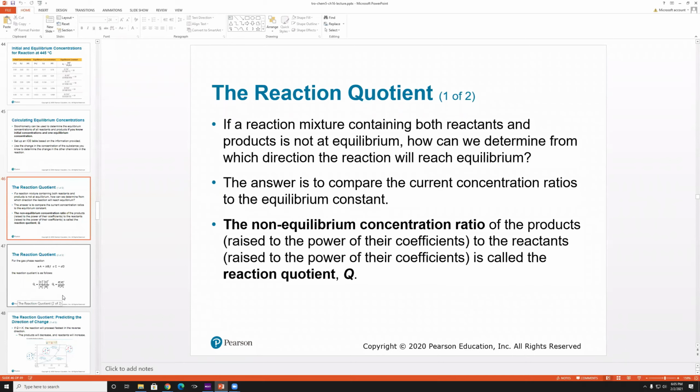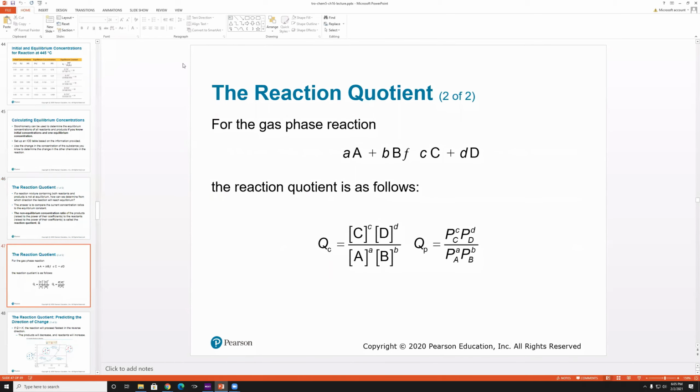And they're both calculated the same way, which we had this reaction that is A plus B equals C plus D. It would be the products over the reactants to the exponential power of their coefficients.